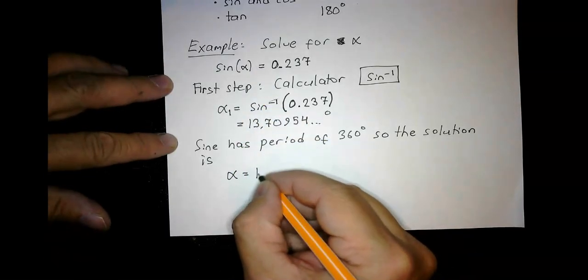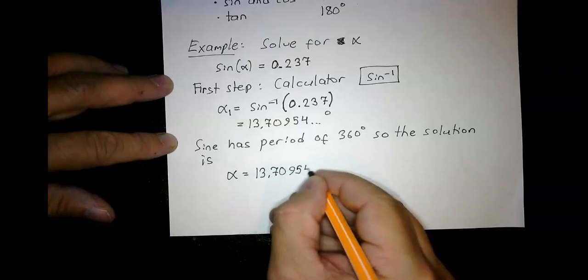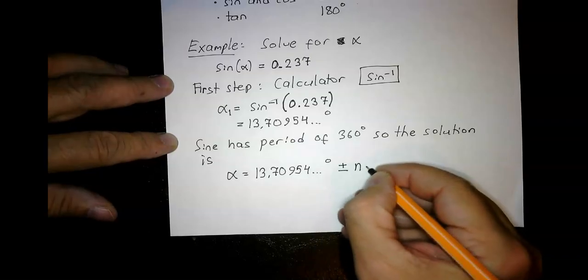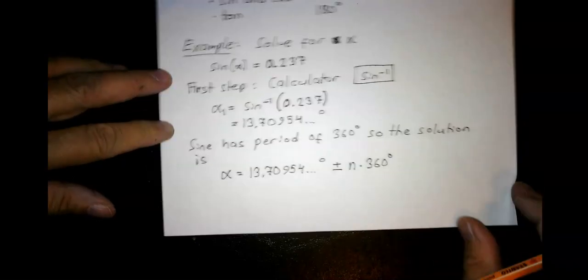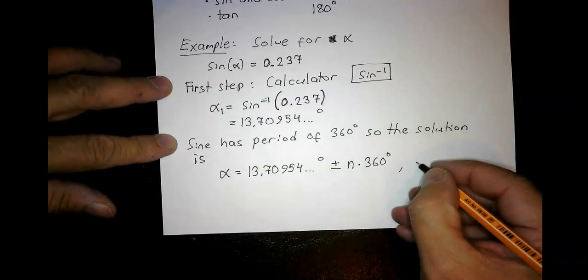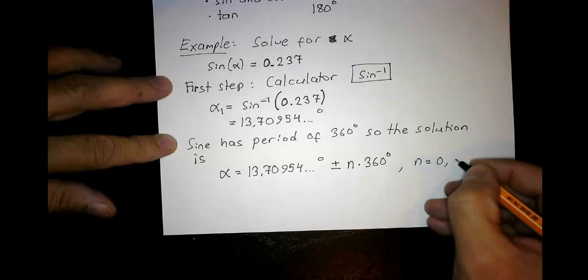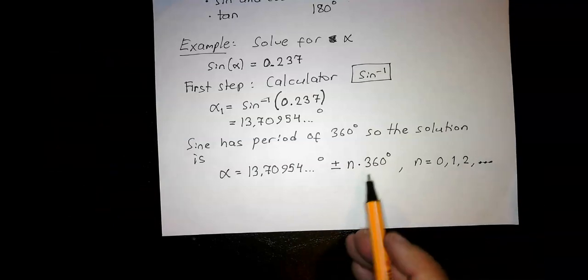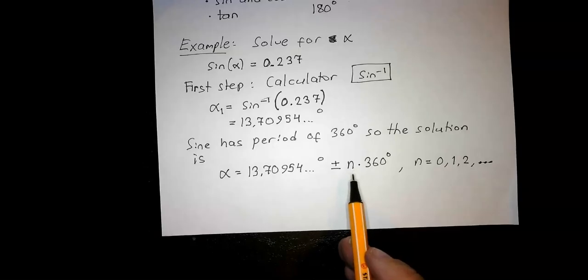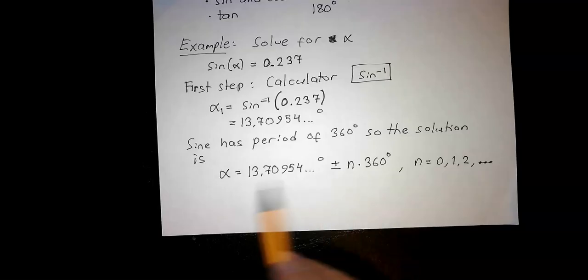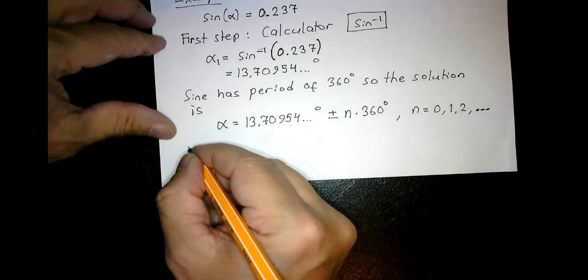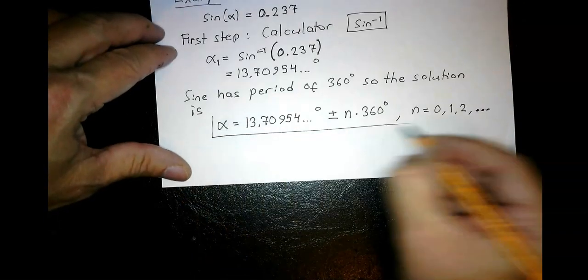So we have this value there, and then plus minus n times 360 degrees. And here n equals 0, 1, 2, etc. So that means that we can put whatever integer in the place of n, and always we get a solution for this problem. So this is the final solution.